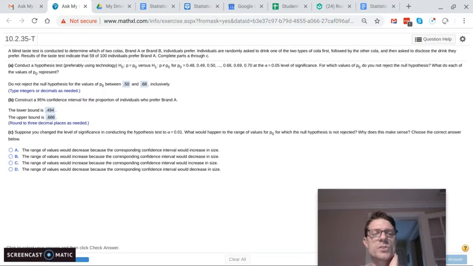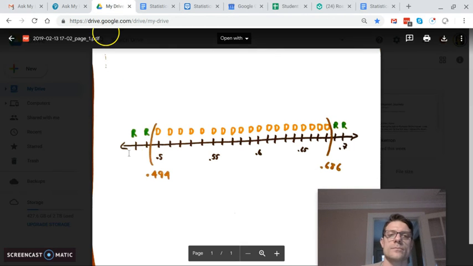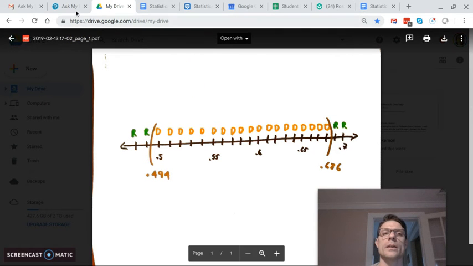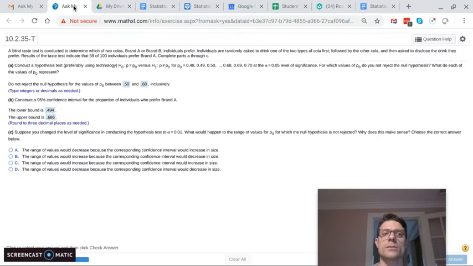The last question just says, suppose you change the level of significance in conducting the hypothesis test to 0.01. And I hope at this point you realize after chapter 9 that the smaller you make the significance, the less you're going to reject things. The larger the do not reject area, the larger this area of D's would be, because you don't want to make a type 1 error of accidentally rejecting a good null hypothesis.